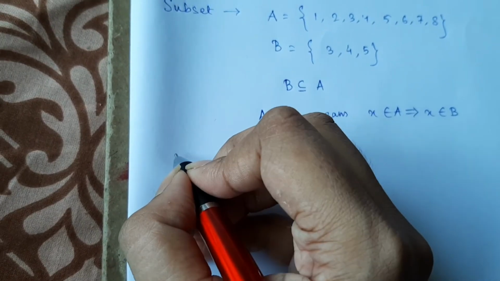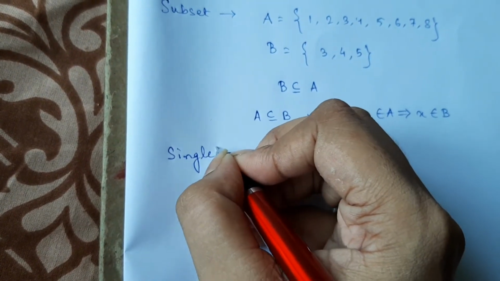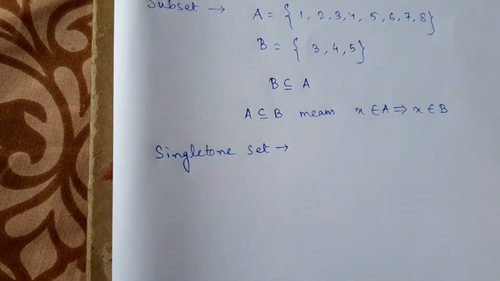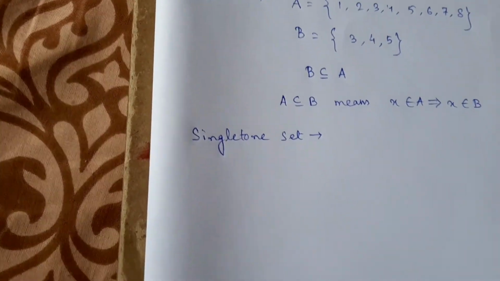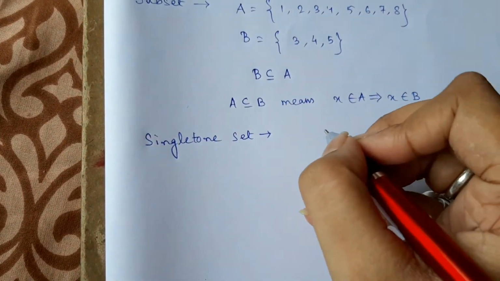Next is singleton set. A singleton set is nothing but a set which contains one element. This is called a singleton set.